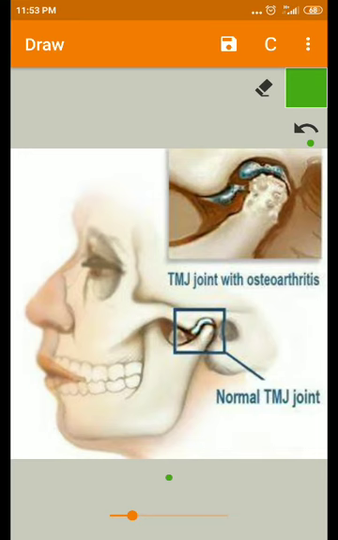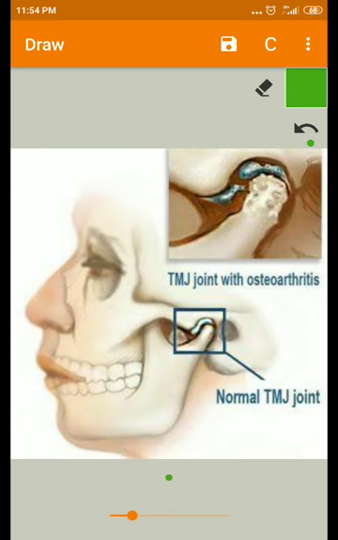So this hypermobility of the temporomandibular joint occurs in a condition called generalized connective tissue disorder, which involves all the joints of the body. Due to this condition, the temporomandibular joint is also affected.